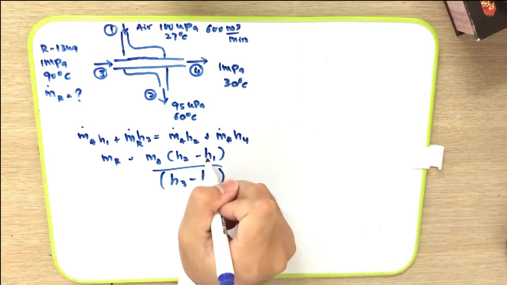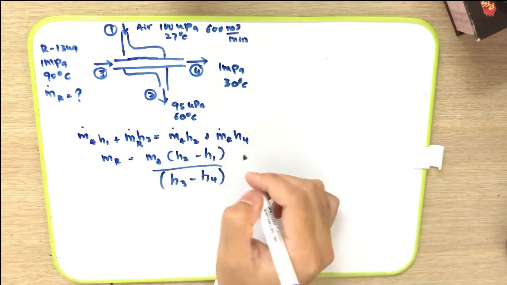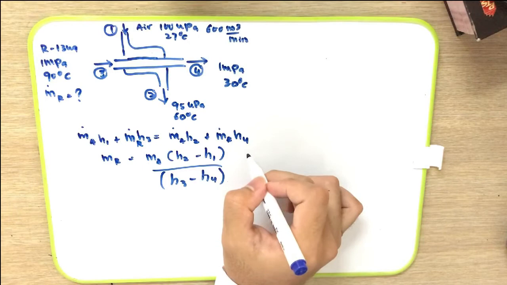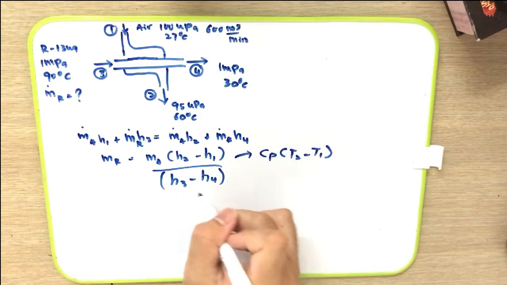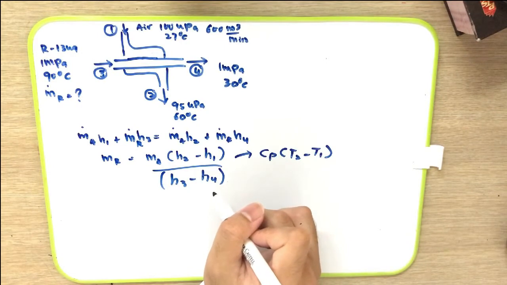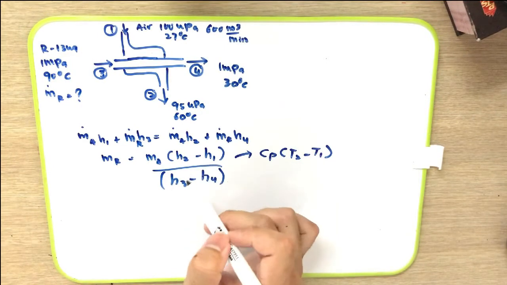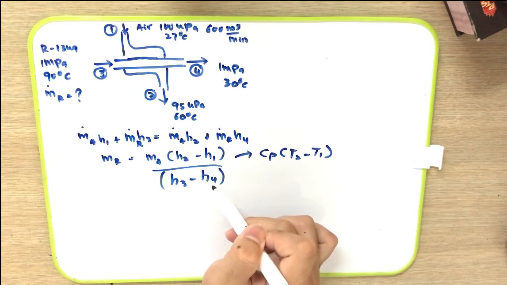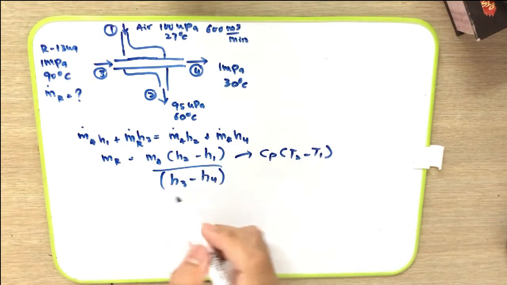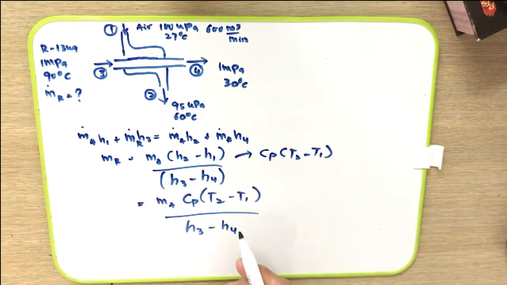So this enthalpy change for air stream, we can change into Cp (T2 minus T1). For h3 and also h4, it is refrigerant, and the enthalpy for stream 3 and also stream 4 we can find from property tables. So now this equation can be like this. Now we have to find the h3 and also the h4.